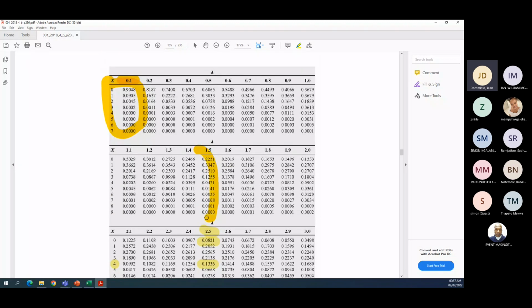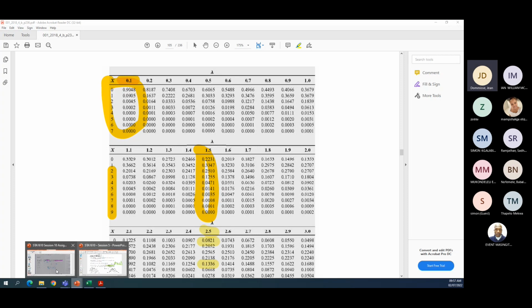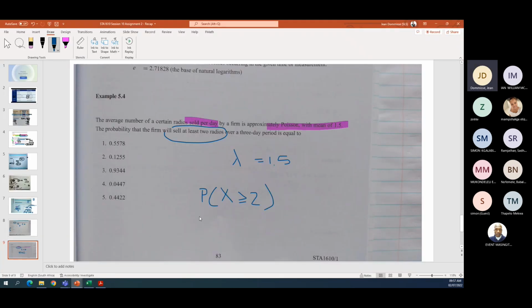You would have needed to add all of those values, but I would rather say 1 minus the probability of x smaller than 2.